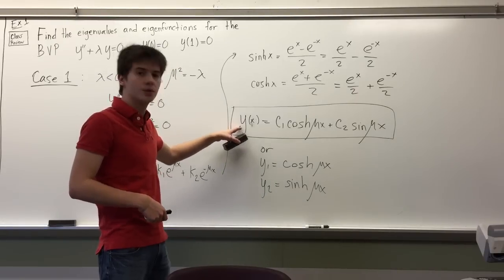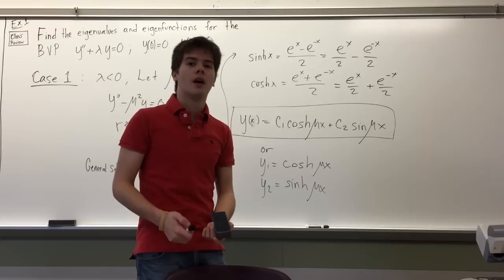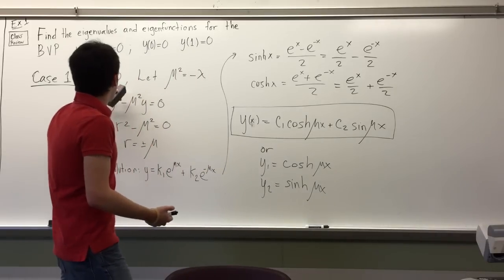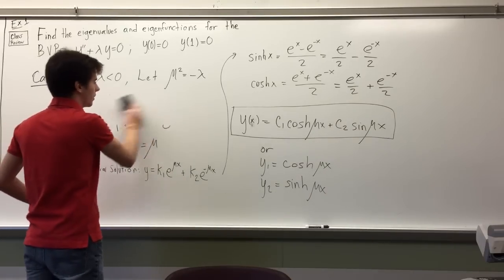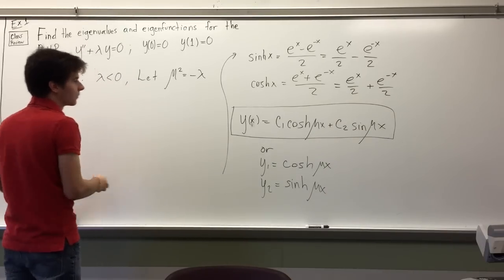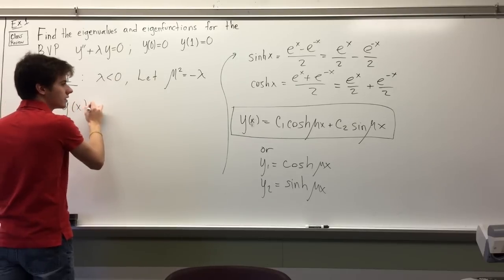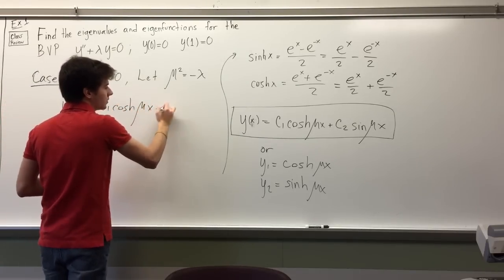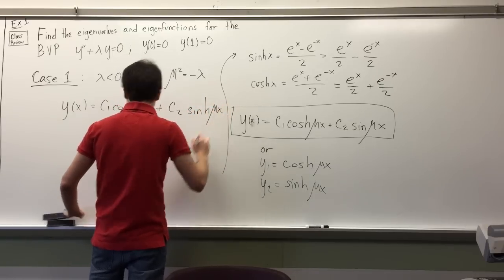So let's use our general solution and plug in our boundary conditions to see if we have eigenvalues and eigenfunctions when lambda is less than 0. So now that we have our general solution when lambda is less than 0, I'm going to write it down here again. y of x is equal to c1 cosh of mu x plus c2 sinh of mu x.